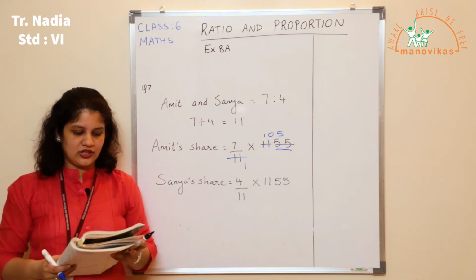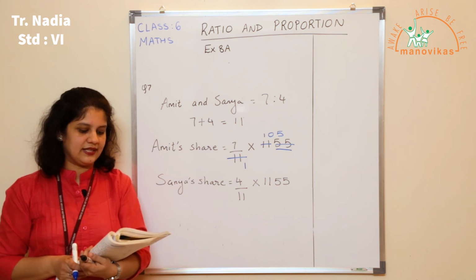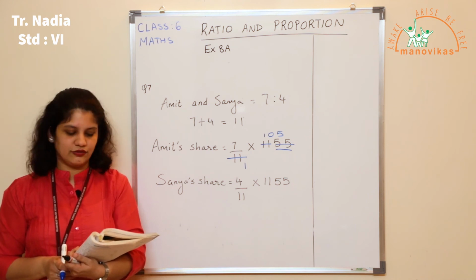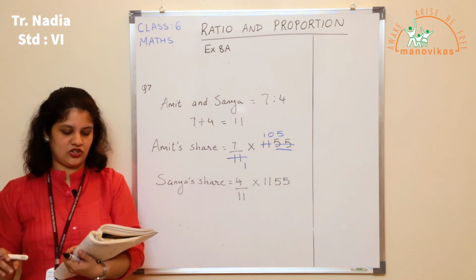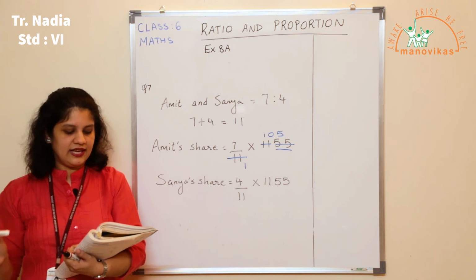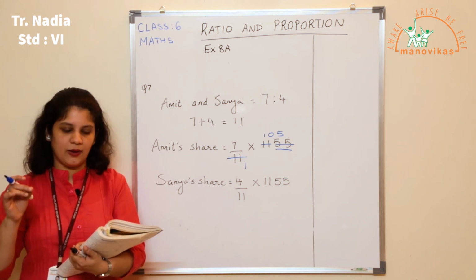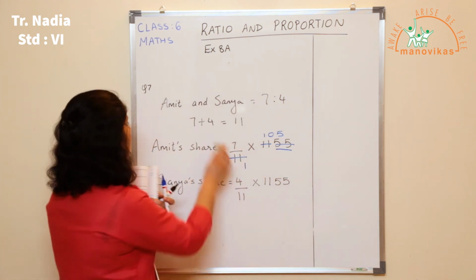Next question, question 8. Divide rupees 3,500 among A, B and C in the ratio 3:4:7. Okay, so A, B and C share. Add up the ratio 3 plus 4 plus 7. A's share will be 3 upon, let's see what is the total of the ratio. 3 plus 4 plus 7.